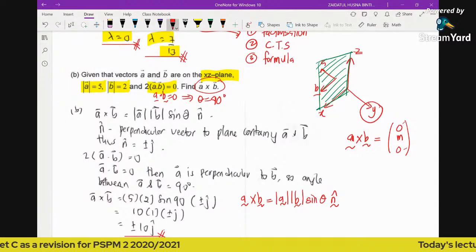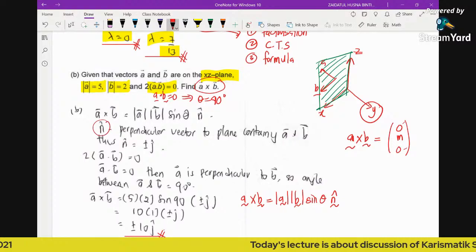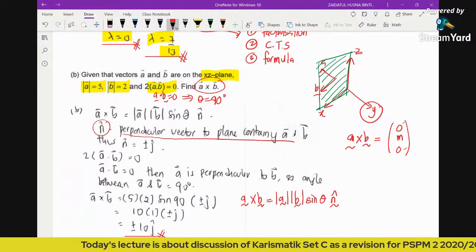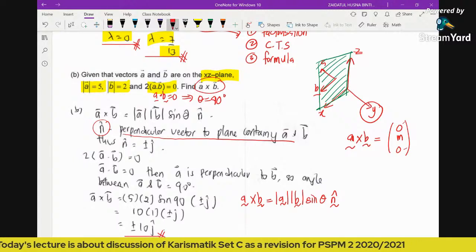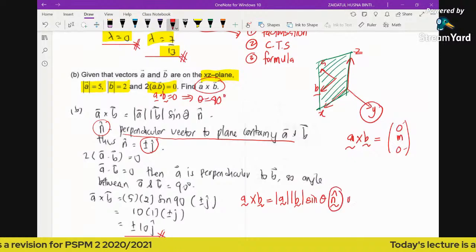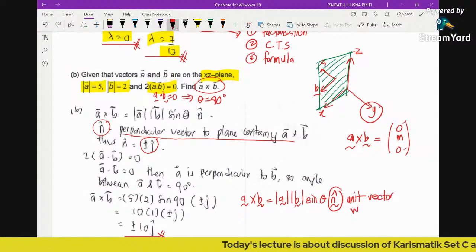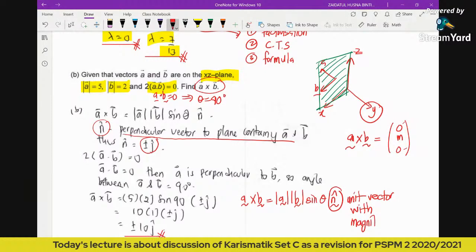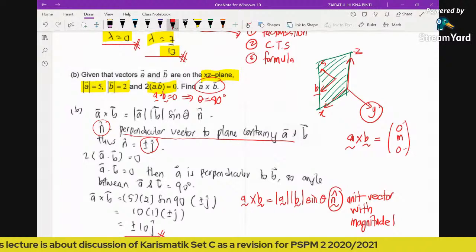Because A and B are located on the XZ plane, the unit vector is going to be a vector perpendicular to the XZ plane, which is plus minus j. So this is a unit vector with magnitude 1. So n is going to be plus minus j.